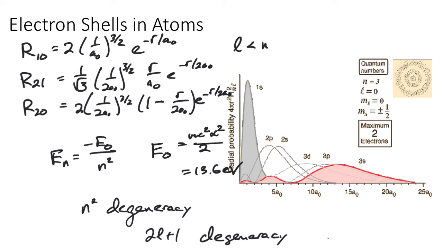So this is all true for the hydrogen atom, but for helium and lithium and all the other elements, it's not quite this simple, because the Coulomb potential we need to modify.